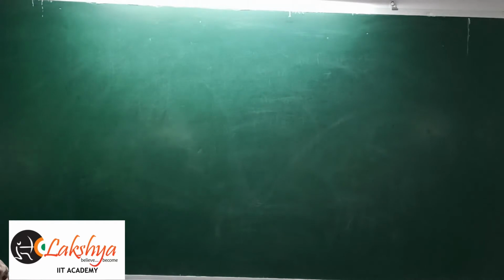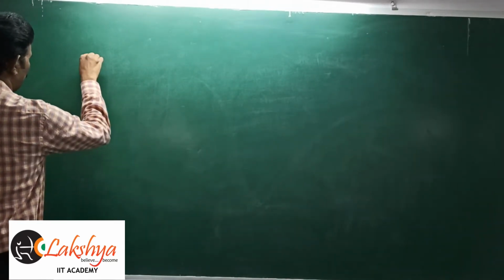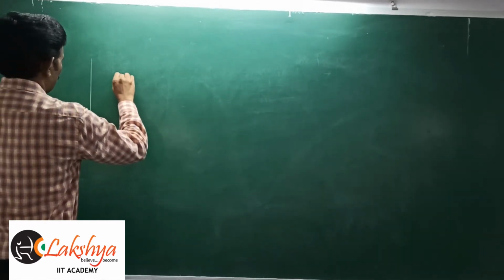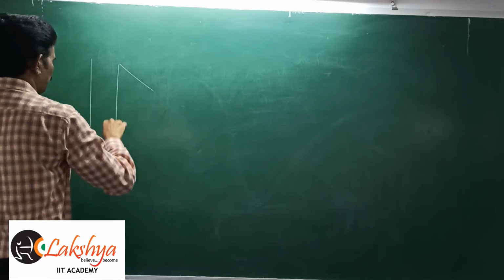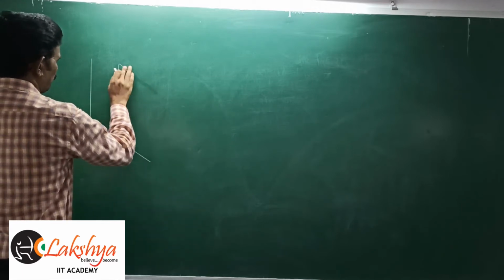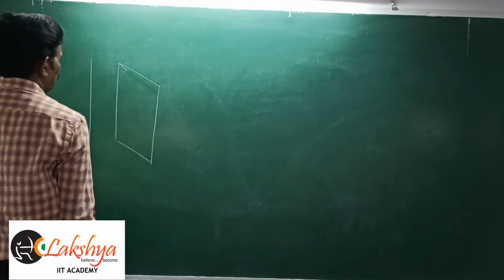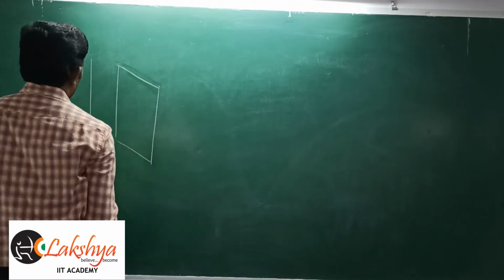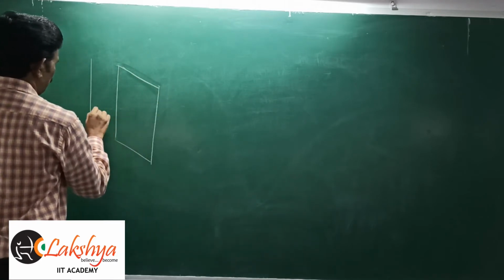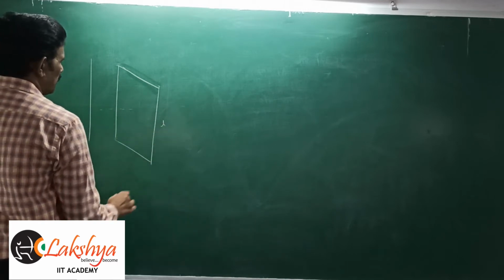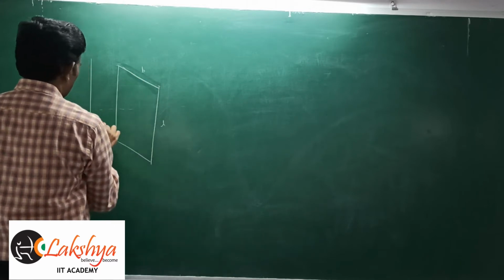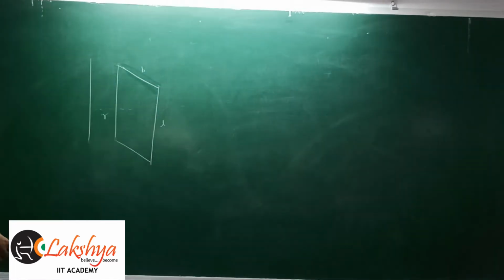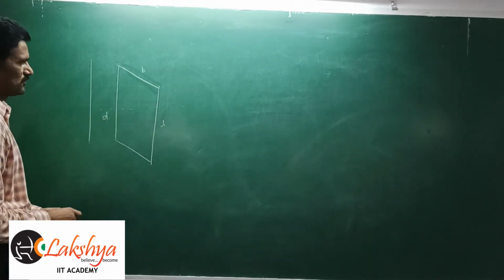Next, let us take another problem. This again I am taking an infinite line of charge. This is a rectangular plane of length L and breadth B, and it is placed at a distance of say r, let us take it as some distance d from the center.